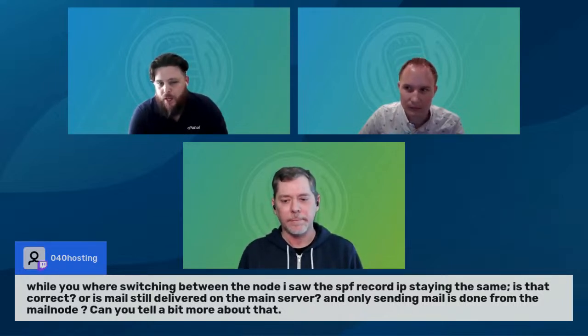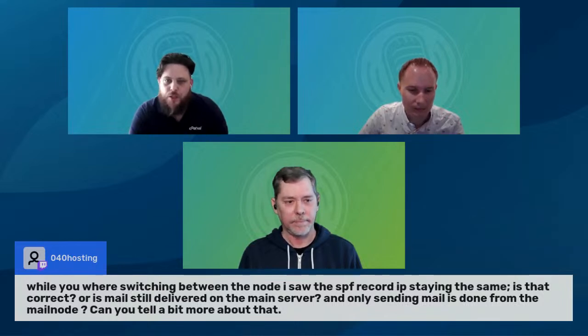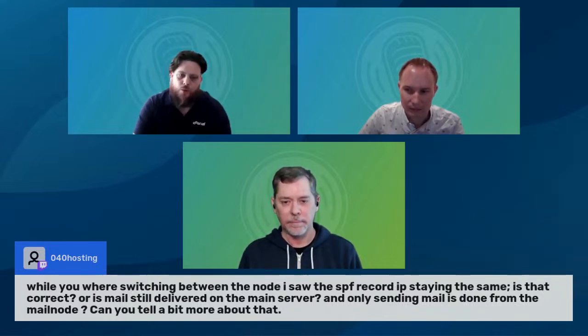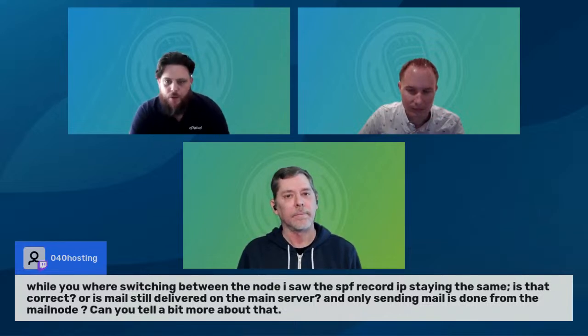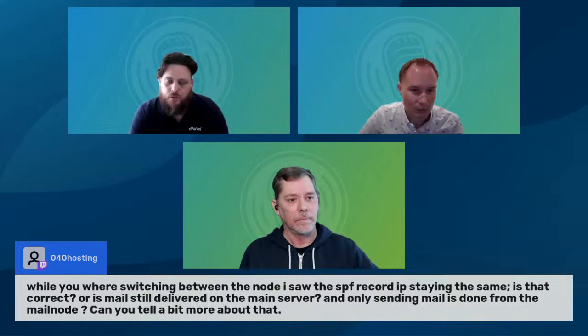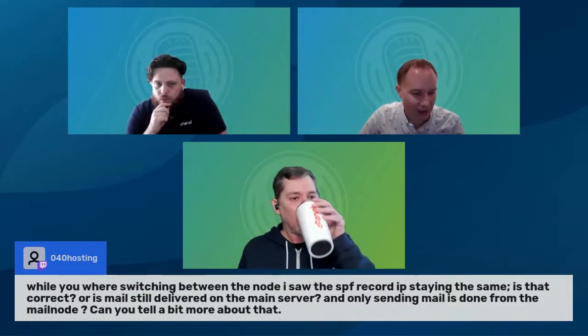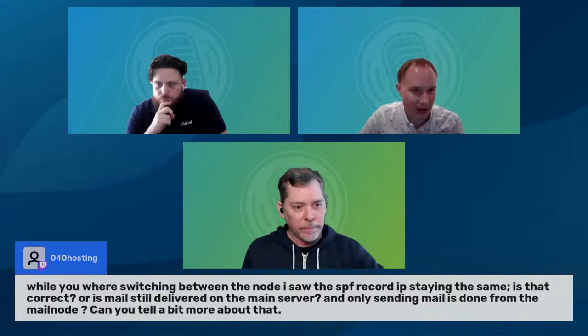That may have been when I was actually on the child looking at that information, which may have caused the confusion in the demo. I didn't fully clarify when I was jumping between the two servers, but those are configured to point there. The parent no longer receives or sends any of the mail once this configuration is set up. That is all done from the child at that point. Yeah, and in the interim, when DNS is switching over, there is a proxy set up to make sure the mail doesn't get lost.